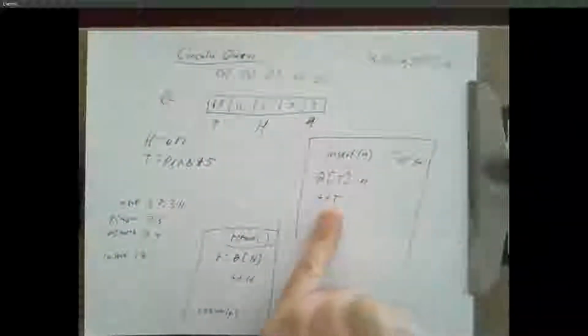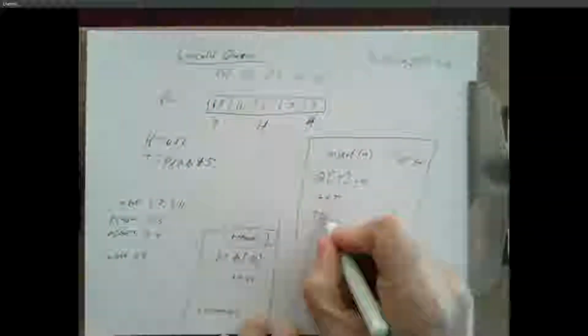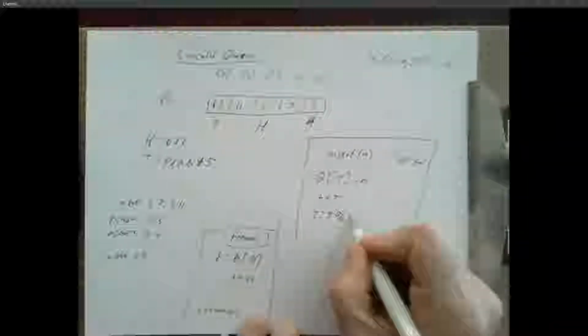So the idea of the circular part is that when our tail gets to be 5, we send it back to 0. We could do t equals t modulo 5, or you could do an if statement: if t is equal to 5, set t equal to 0.